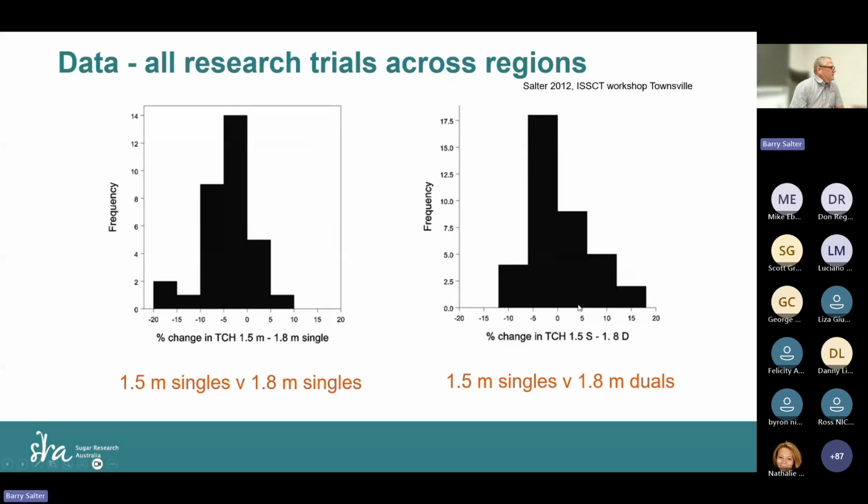When we looked at 1.5 metre singles versus 1.8 metre duals, it really tended to be a bit the same on each side. There were trials where the duals were better, and also trials where the singles were better. But overall, it seemed to be pretty much centred around zero, with no difference.